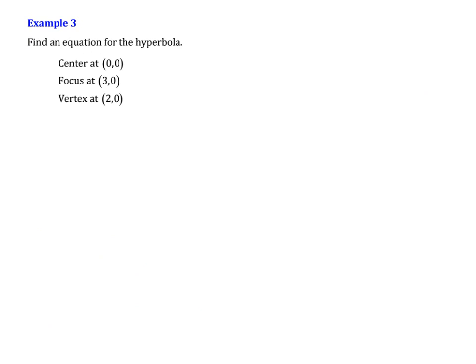So let's sketch what we've been given in this example to find its equation. So we have a center of 0, 0. Now the vertex is at 2, 0. That means that the other vertex is at negative 2, 0, and that's because of symmetry. That means that we're opening left and right.